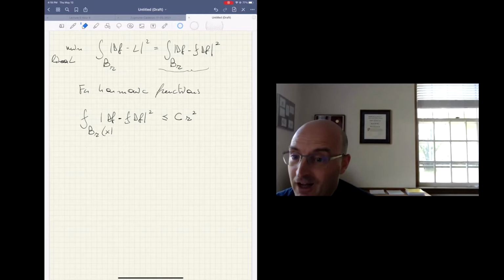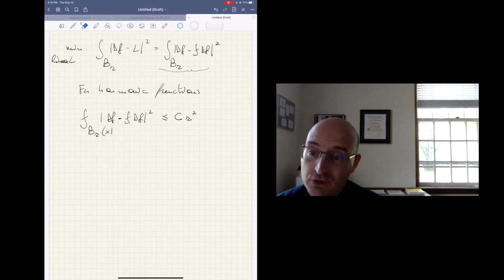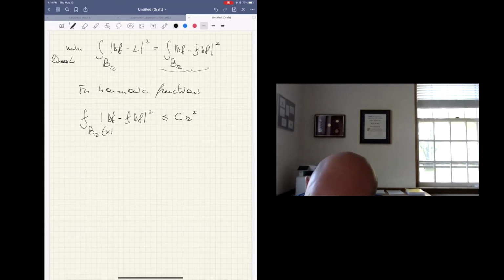So of course, harmonic functions are extremely regular. You know right away that they are real analytic. You don't need to use Morrey's estimate. But Morrey's estimate would tell you immediately that if you have a function which satisfies this decay, then the function is C1 alpha. So this is, say, Morrey's lemma.